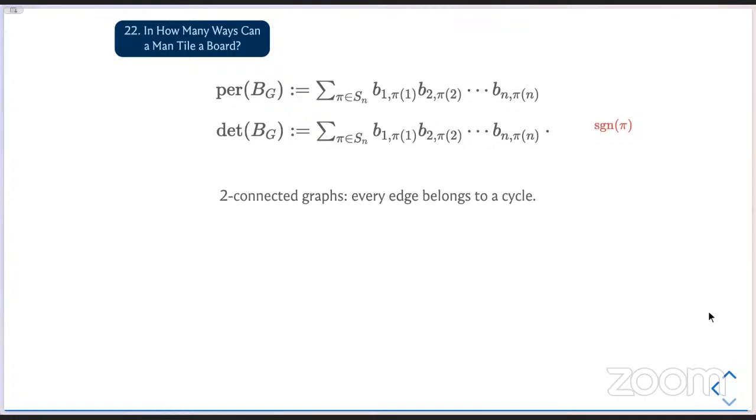But it turns out that if your graph is sufficiently nice, for instance, if it can be drawn on a plane without crossings and it's bipartite and it's two-connected, which is to say that every edge belongs to a cycle, then you can come up with a signing mechanism. Most of these assumptions can be dropped, but the planarity assumption is kind of crucial. You can't go a whole lot beyond planarity. You can, but not really a whole lot. So this is just the overall story.